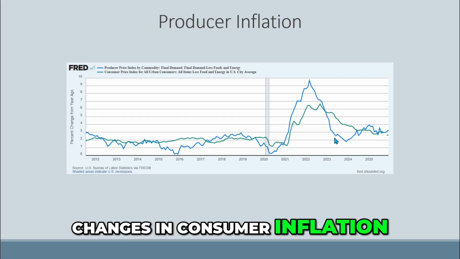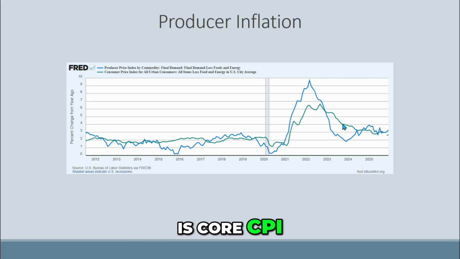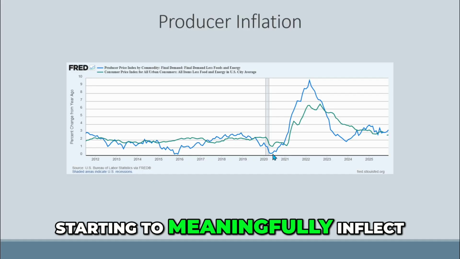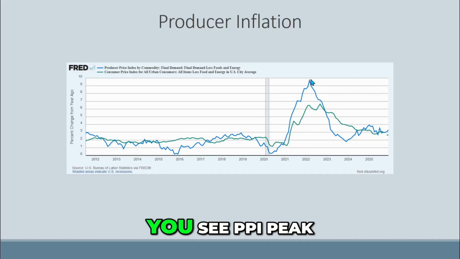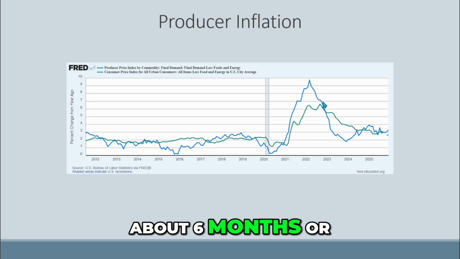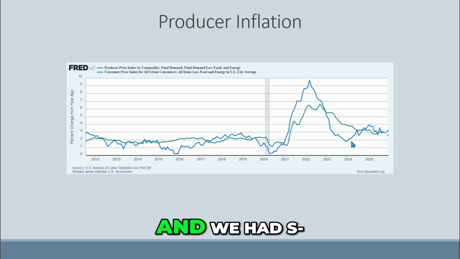So core PPI inflation is the blue line on here. It tends to lead changes in consumer inflation. So the green line is core CPI. And you can see, go back to the last inflation cycle, you see PPI starting to meaningfully inflect higher about a year ahead of CPI. You see PPI peak out in early 2022, about 6 months or so ahead of the peak in CPI.